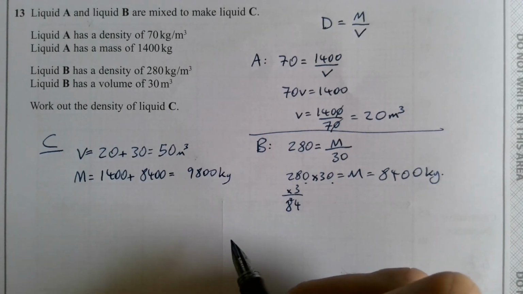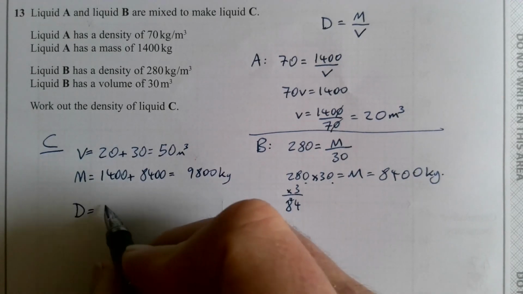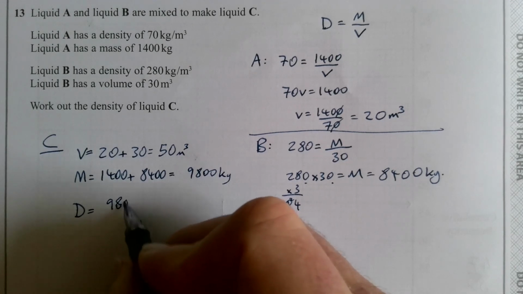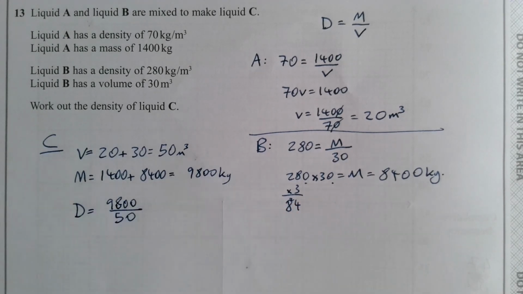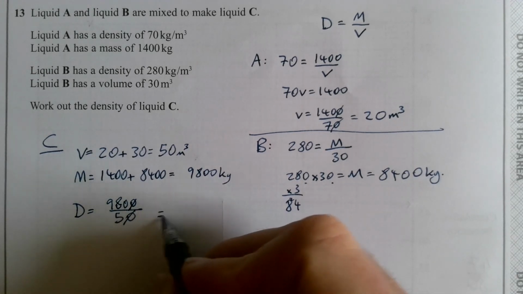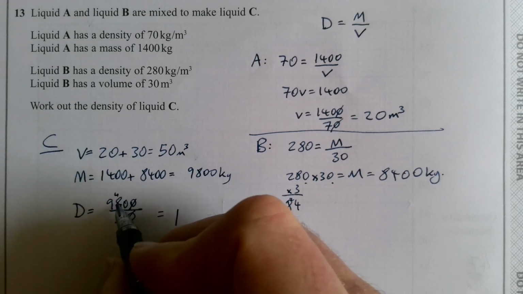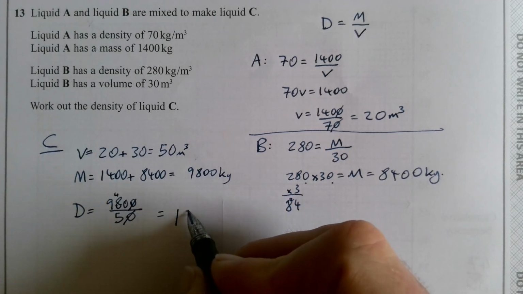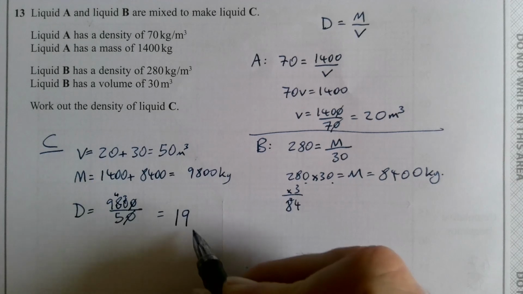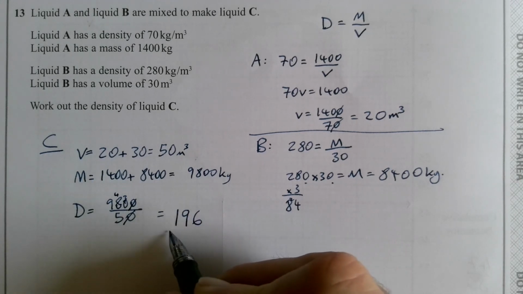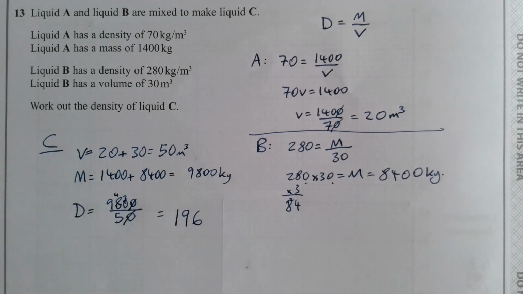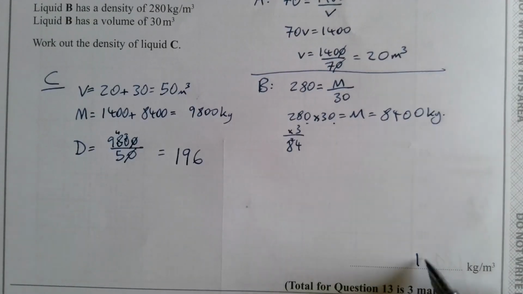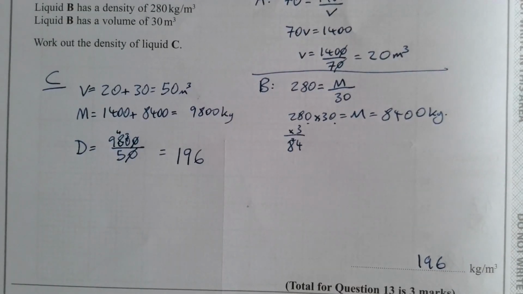Therefore, we can now work out the density is going to be the mass divided by the volume. 9,800 divided by 50. Divide them both by 10, then we just divide by 5. So that goes in once with 4 left over. It goes in 9 times with 3 left over. Goes in 6. So 196, and then that just goes down on there with our kilograms per meters cubed.